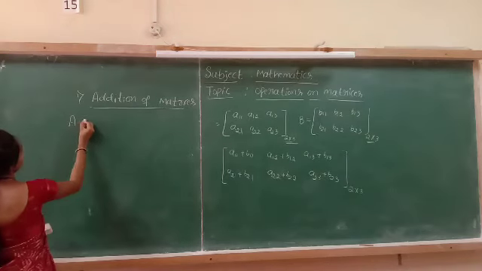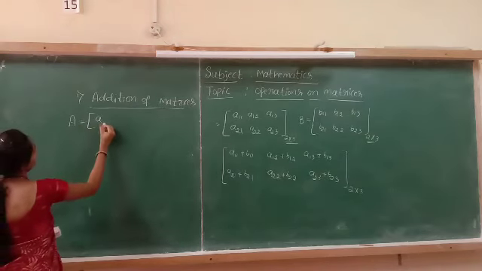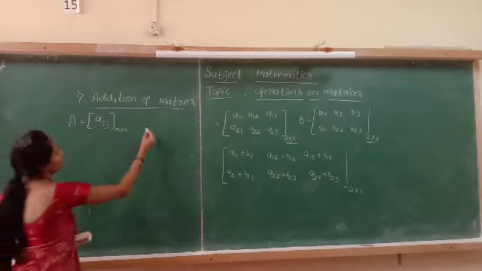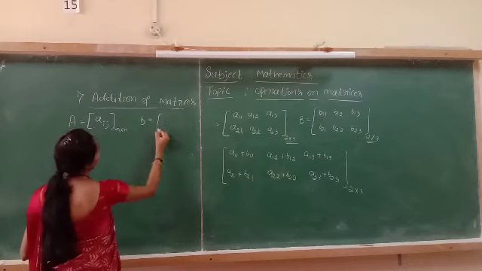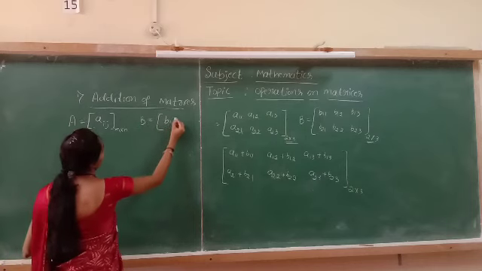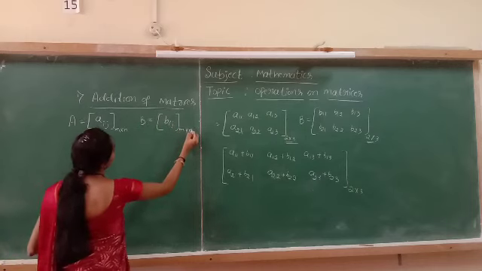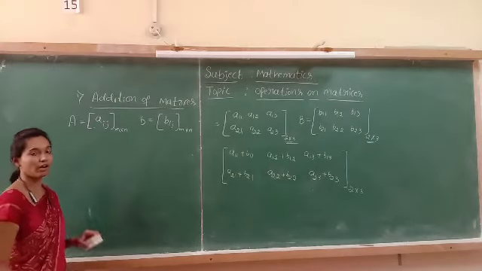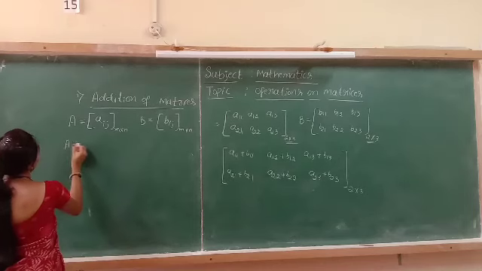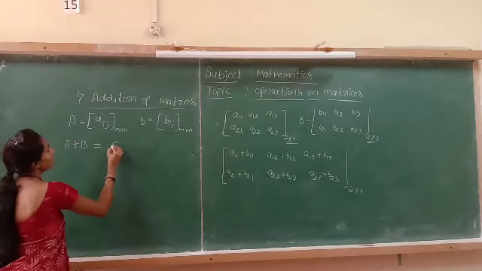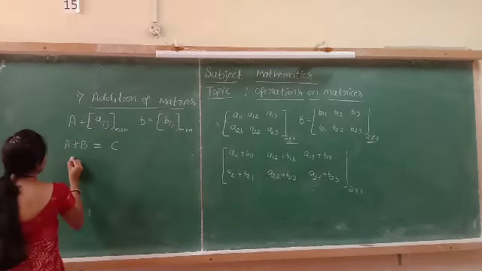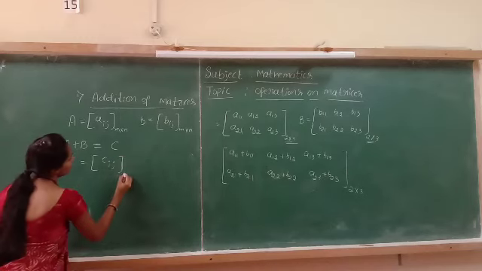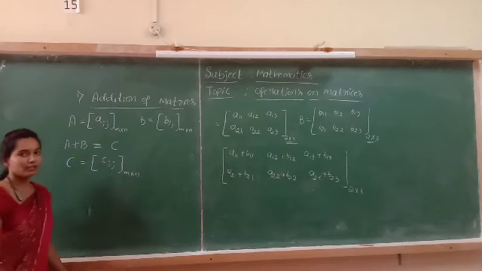Suppose capital A is equal to the matrix Aij of the order m cross n, and capital B is equal to the matrix Bij of the order m cross n. The sum of these two matrices gives another matrix, A plus B is equal to capital C, where capital C is the matrix Cij of the order m cross n.